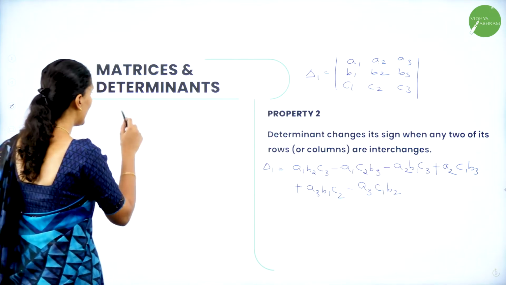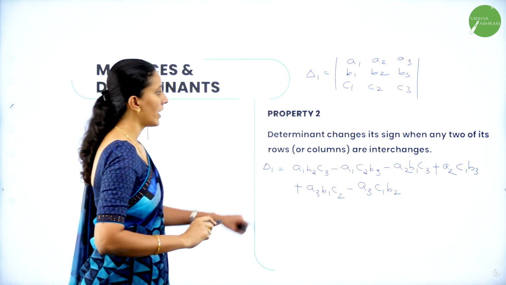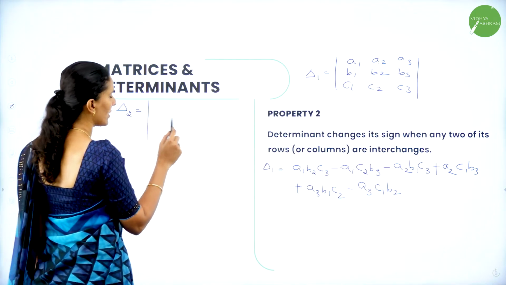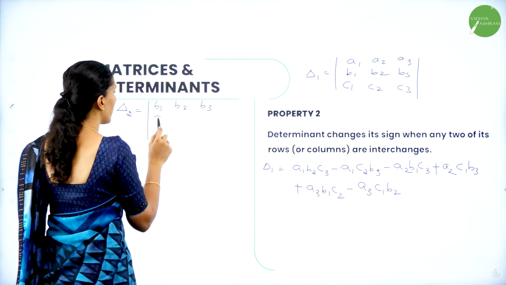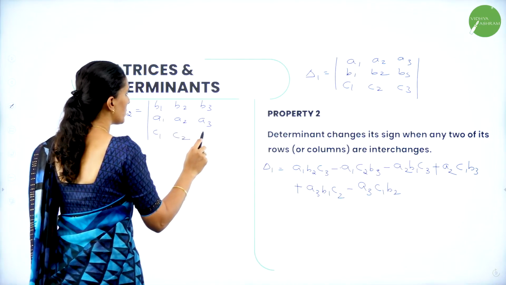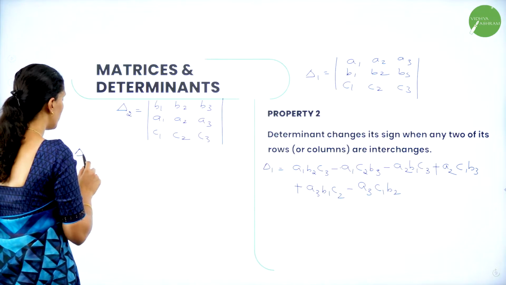Now let me take delta 2. Here I will change any two rows. So let me interchange the first and second rows. I'll write B1, B2, B3 first, A1, A2, A3 second, C1, C2, C3 third. Let me calculate delta 2.